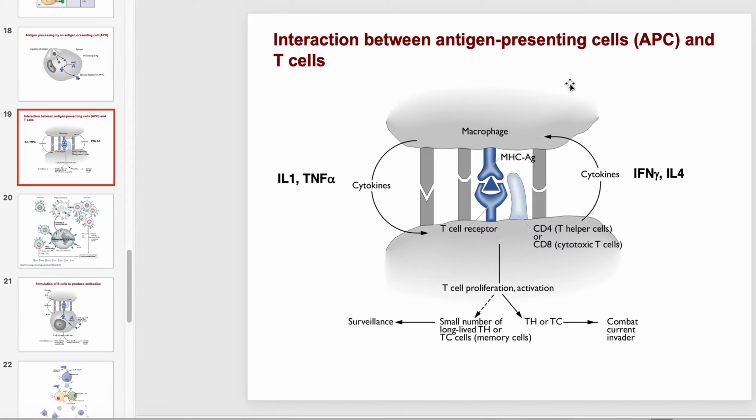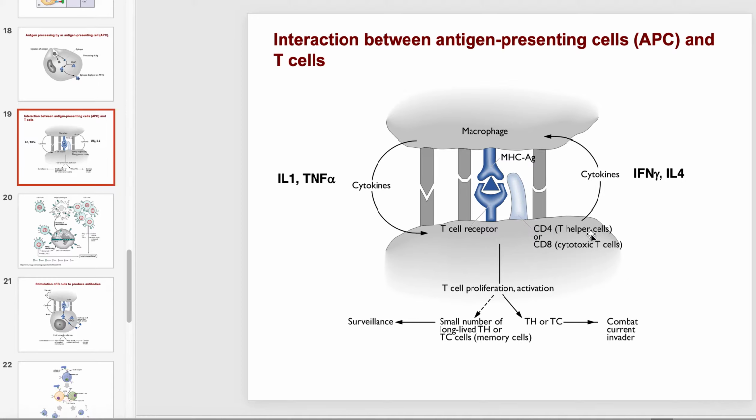The macrophage then, displaying that antigen on MHC type 1, or I'm sorry, type 2, will shake hands with different components of the immune response. In this particular case, it's shaking hands with the T cell. Two different varieties, either the CD4 T cell or a CD8 type T cell.